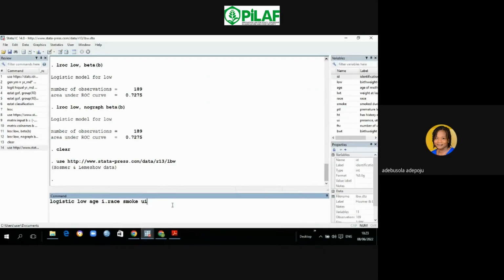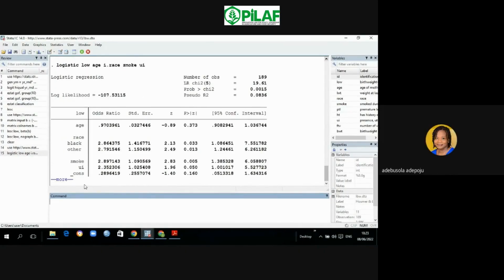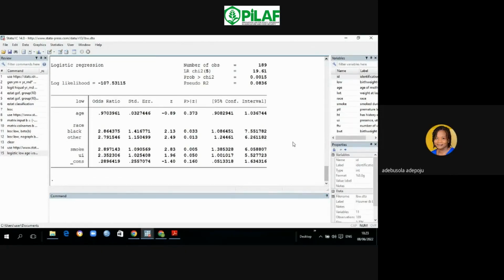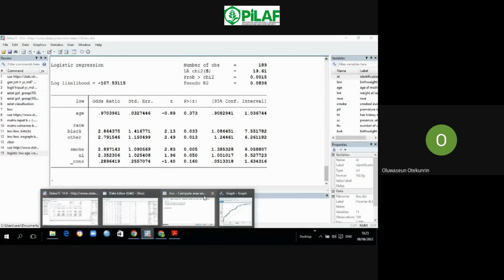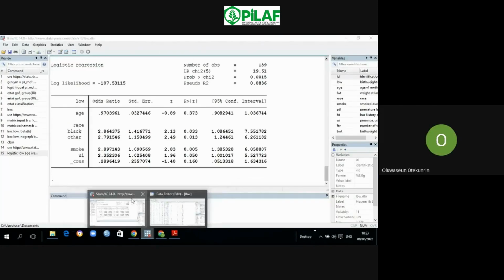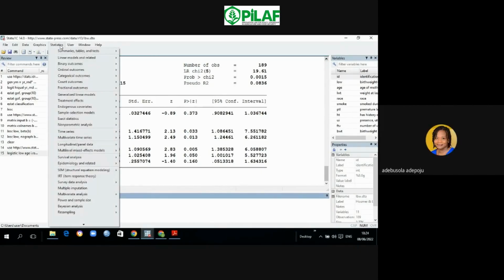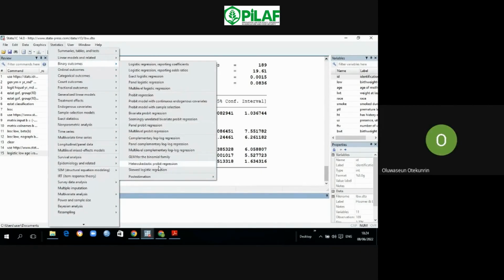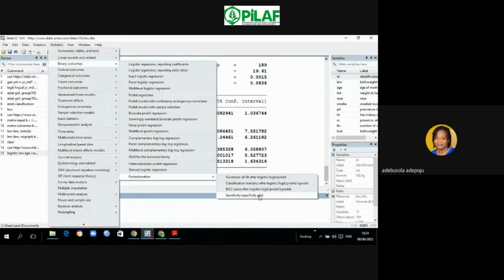Okay, so let us run that. So we have our output now, and we want to get our graph. So we go to Statistics, Binary outcomes, Post-estimation, Sensitivity/specificity plot.